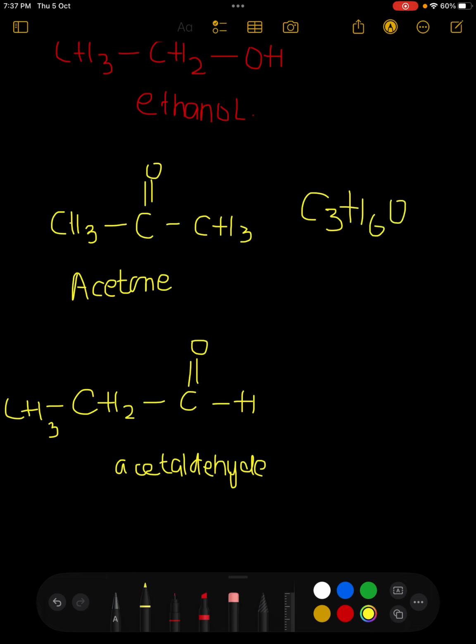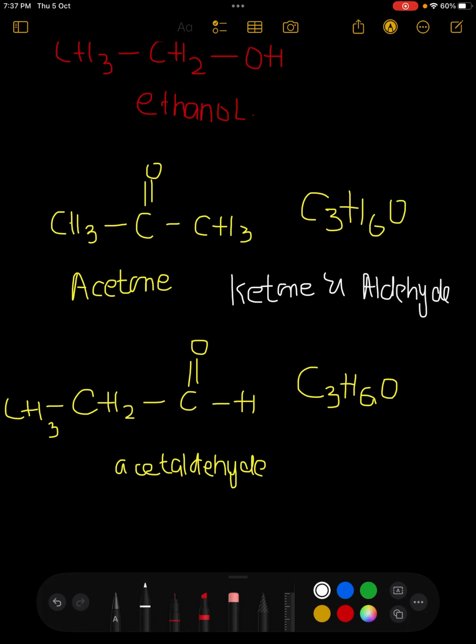C3H6O. This is 1, 2, 3, C3H6O, right? So these both have the same molecular formula but different structural formula. So we can say ketone and aldehyde both are what? Both are functional isomers, right?